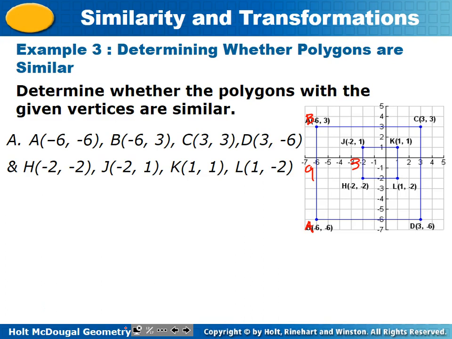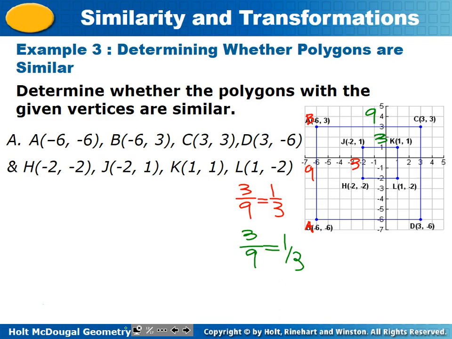So again, we're going to take our new image over our original image, and that's going to give us our scale factor. New image over original image. And then we can look at the other side as well. And we should see here again that BC is 9 and JK is 3. So again, new image over original image, we still get 1/3.